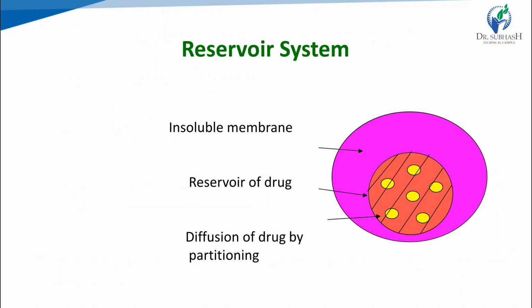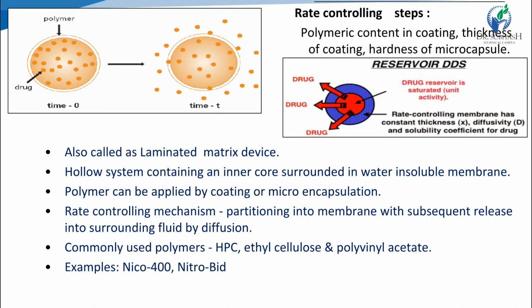In that also, reservoir and encapsulation or matrix type systems are there. The reservoir is similar to encapsulation: in the core part the drug is held in the reservoir. The outer layer is made up of polymer, an insoluble membrane, and the drug diffuses from that core material to the outside.